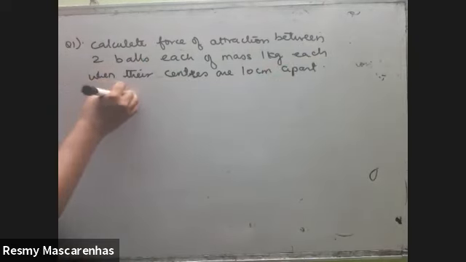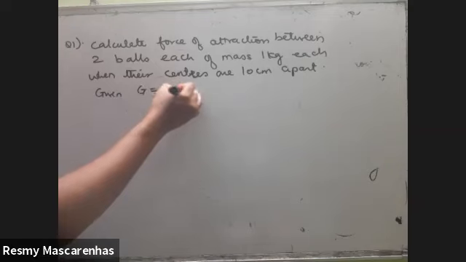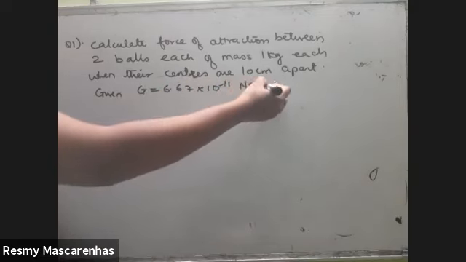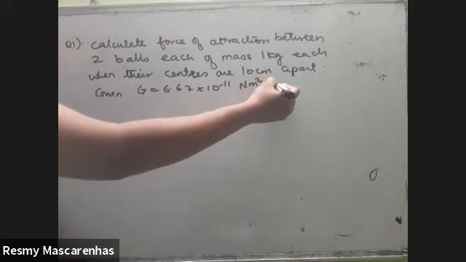Given G is 6.67 into 10 raised to minus 11 Newton meter square per kg square.